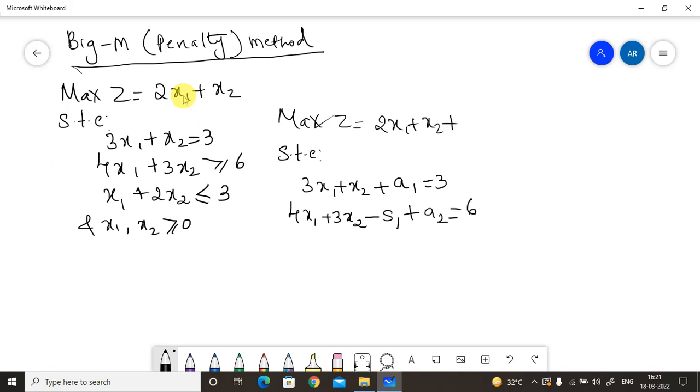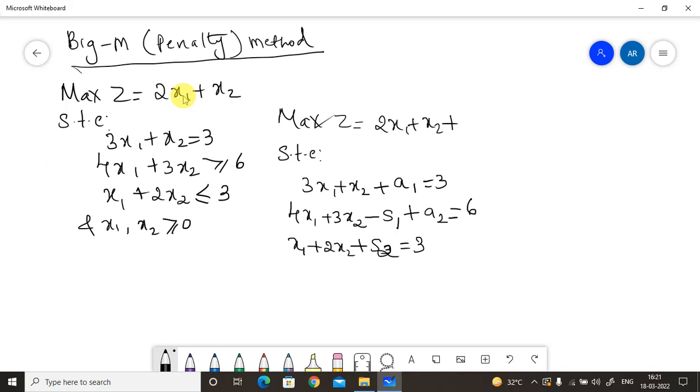The last constraint is only less than or equal to, so I'll rewrite it as x1 plus 2x2 plus s2 equal to 3.